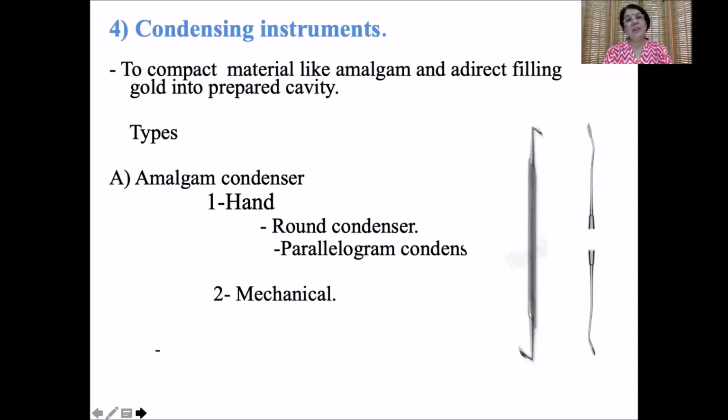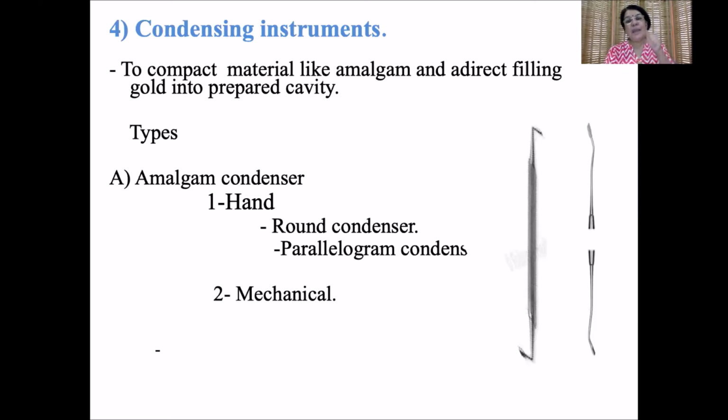Then you have the condensing instruments. These are instruments used to compact the material like amalgam and direct filling gold material into the prepared cavity. You have placed the amalgam into the cavity. The amalgam will not just go and settle in all the line angles and adapt properly to the walls and the floor.